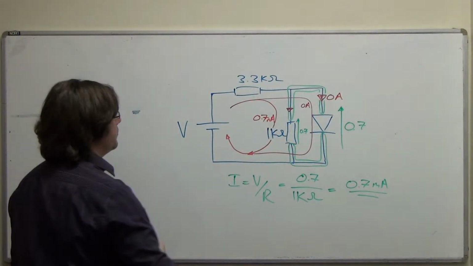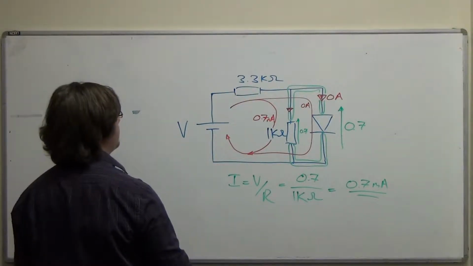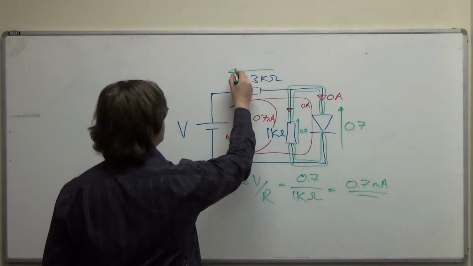In which case I can say, well, that's the same current that's in the 3.3K resistor. So I can work out how much voltage is dropped across it.